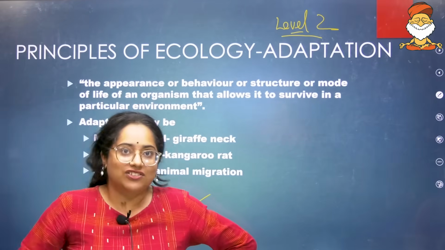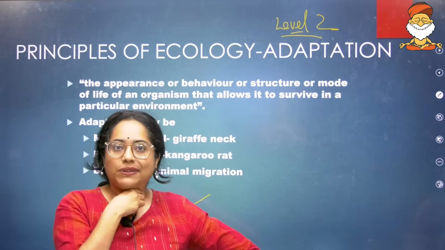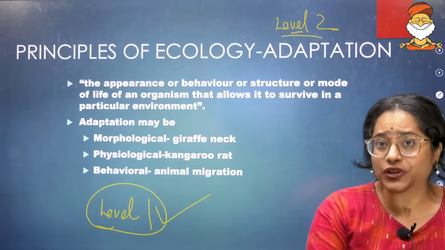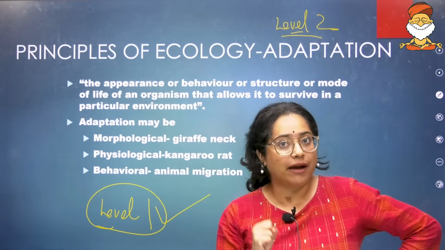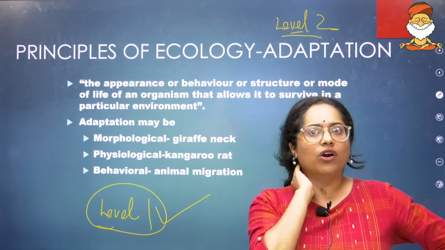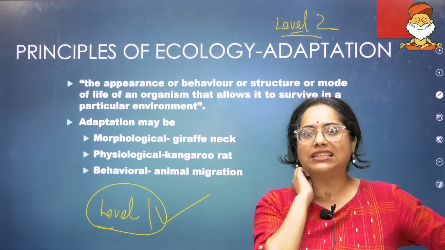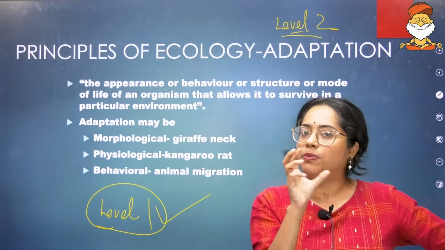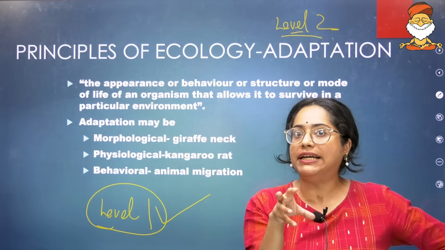Now, in level 2, let's start off with something called principles of ecology. And in principles of ecology, the first principle that we have to study is adaptation. I don't know how many of you noticed that when I was saying biotic and abiotic factors, I mostly took the examples of plants. That's primarily because plants have a restraint of mobility.